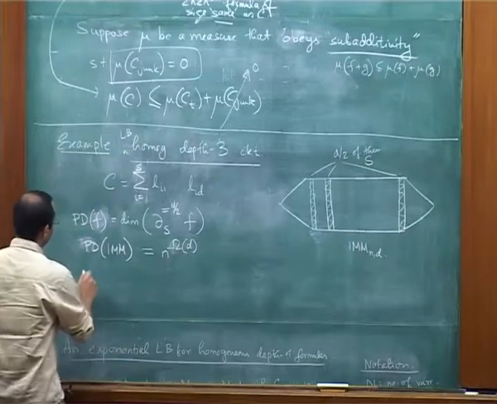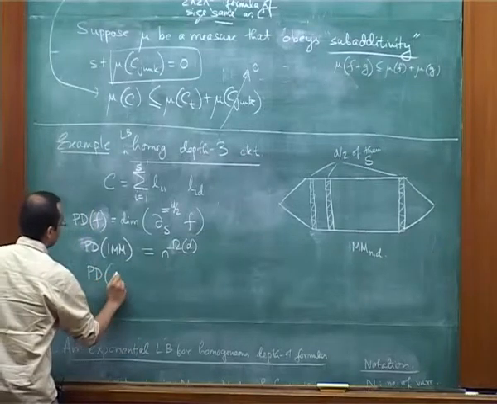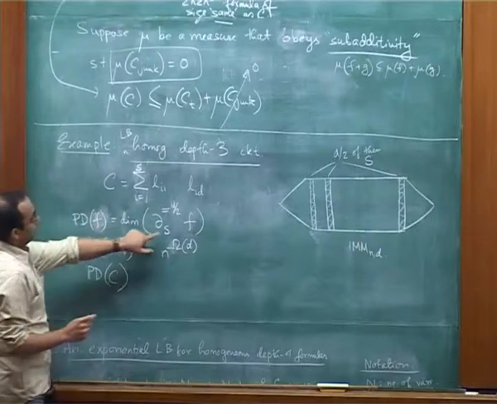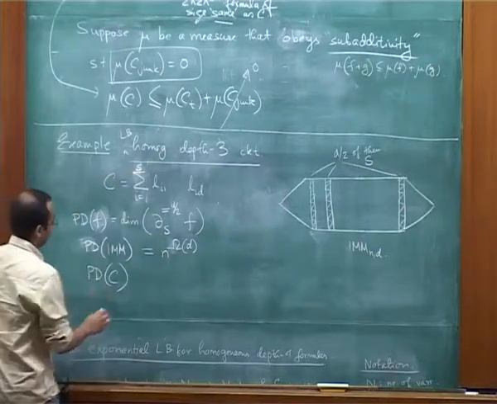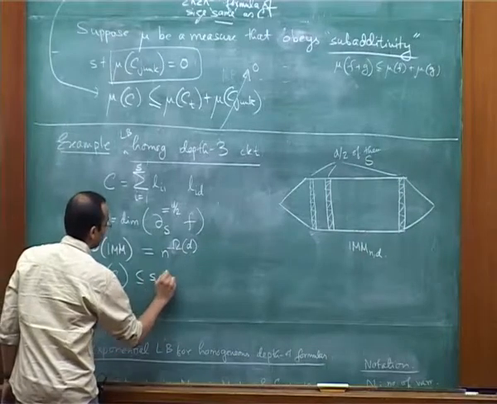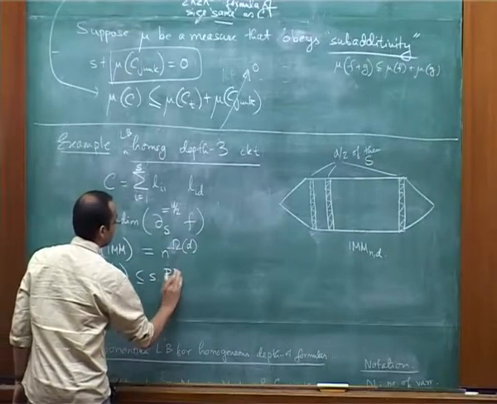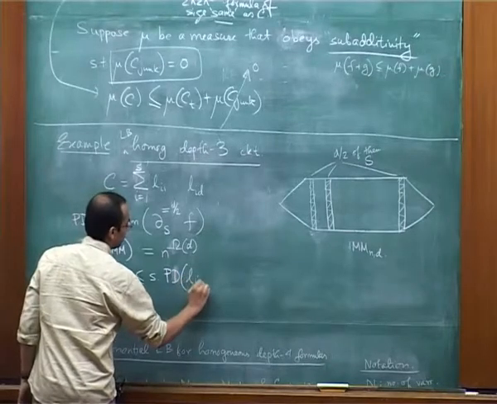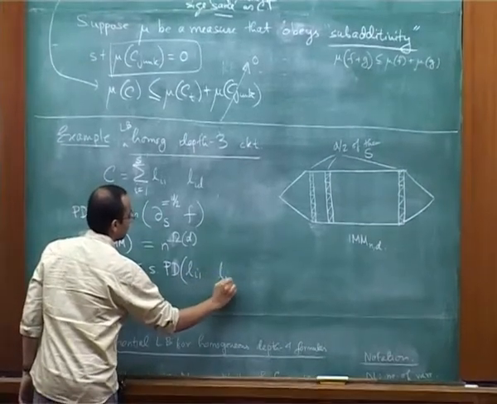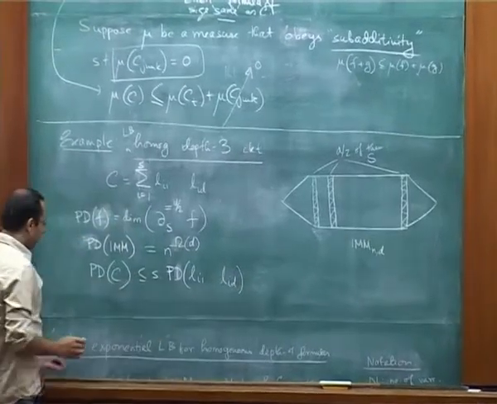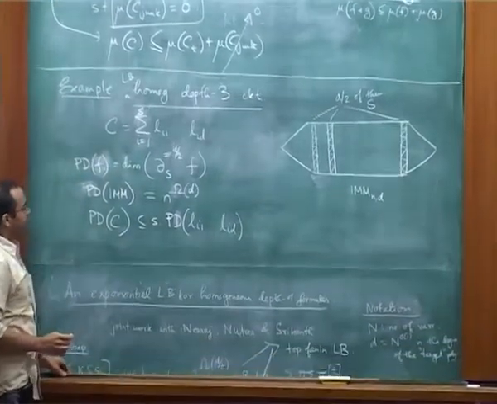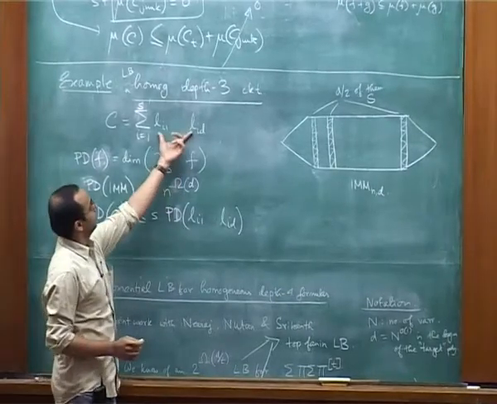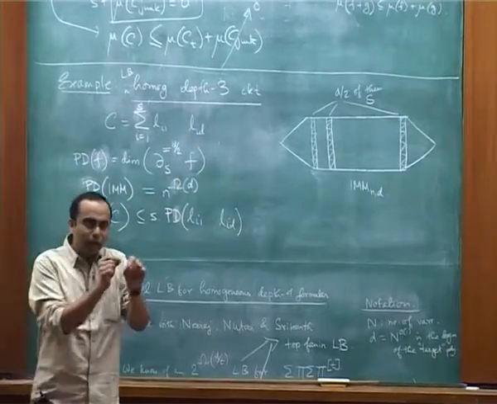On the other hand, if you look at PD of the circuit, this measure obeys subadditivity. So that's less or equal to S times PD of one such product, and this we also know, that when the derivative is applied on this, it basically acts on d by 2.